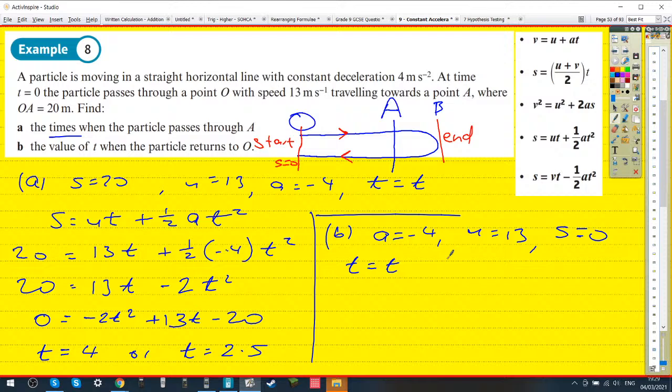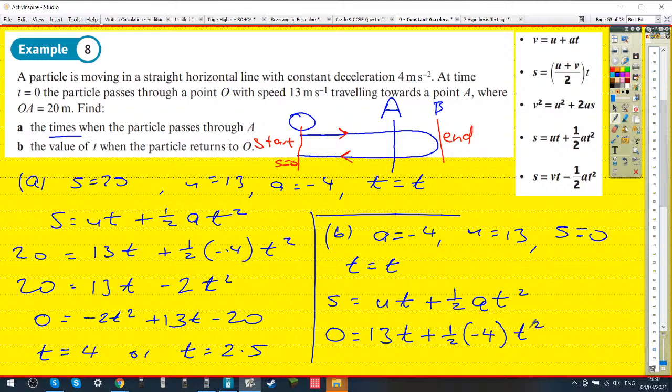Would you use what we used before? Yep. We'd use S equals UT plus a half AT squared. Okay, so we'd put in S is 0, so 0 equals U, which is 13, times T, so 13T, plus a half, brackets minus 4, and then T squared.